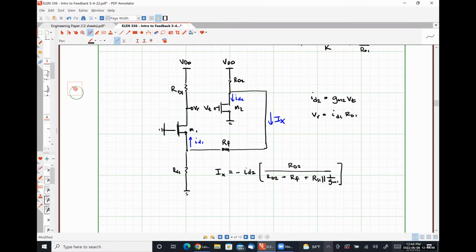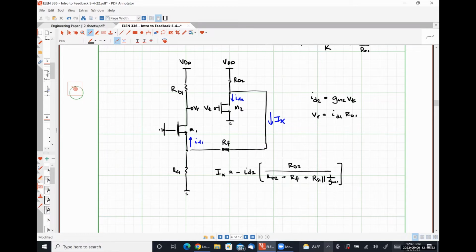So one path is just simply from this node to our AC ground through RD2. The other path to the ground is through RF, and then we have an option of going down through RS1 or up through 1 over GM1. And that is what I have reflected. Now, IX obviously splits between RS1 and this 1 over GM1.